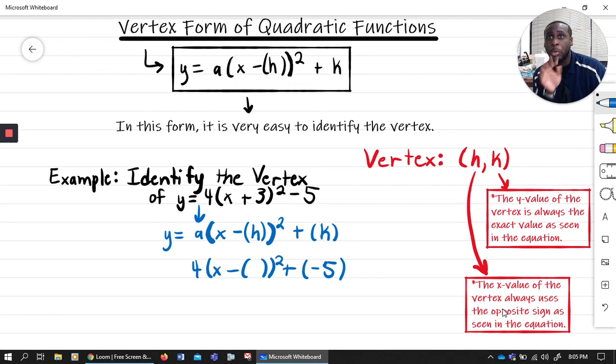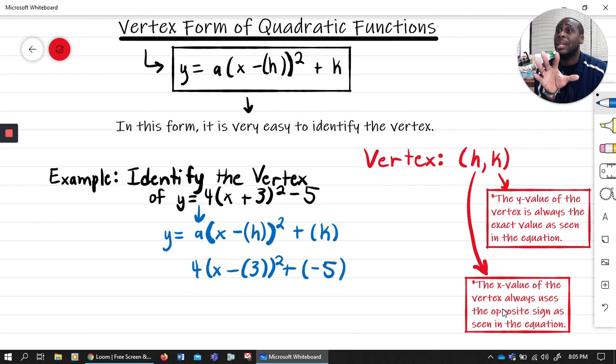So some people might assume that h is going to be the exact same way that k was. And if you assume that, then that would be wrong, right? If you assume that h is going to be done the exact same way that k is, then you would write h as +3, right? And that would be completely wrong.